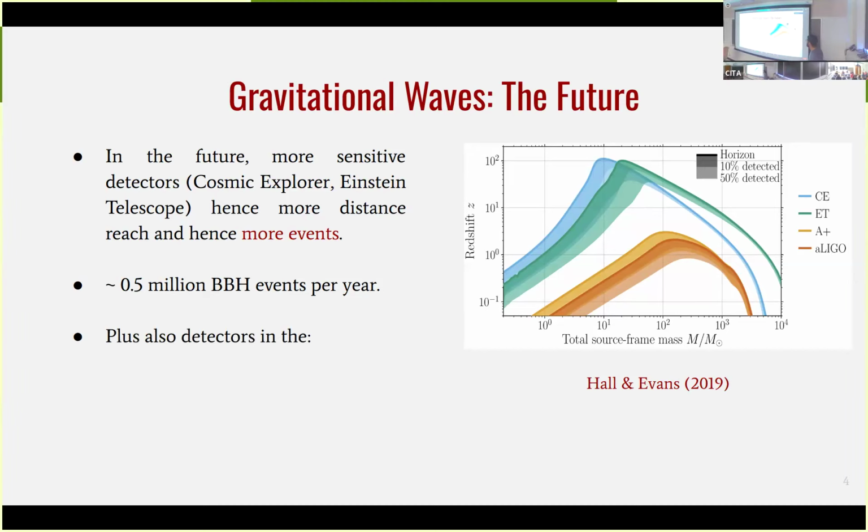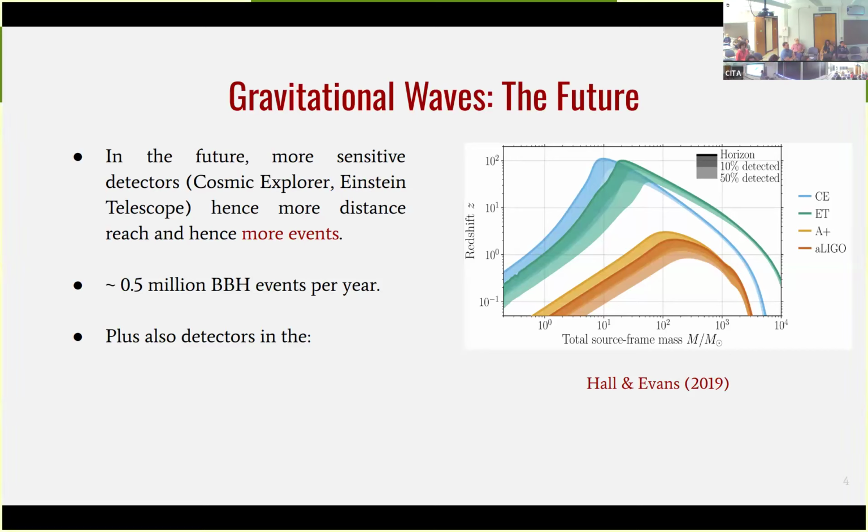This plot here is showing, with the orange curves, comparable sensitivity at 1,000 solar masses at present and at 20 solar masses. Is that right? That's roughly right, yes. The current detectors are most sensitive in that range, but we're not getting close to 1,000 solar masses in actual detections.